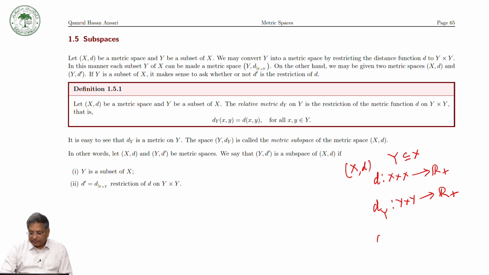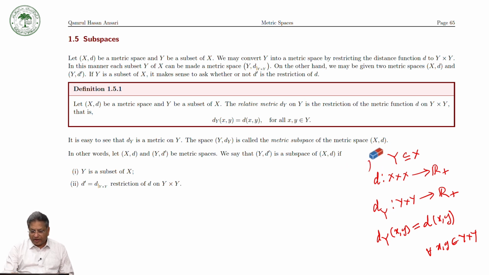That is to say, the value of the function d_Y at (x, y), where x and y are in Y cross Y, is the same as the value of d at (x, y) for x, y in Y cross Y, not in X cross X. So this is the restriction of the metric.